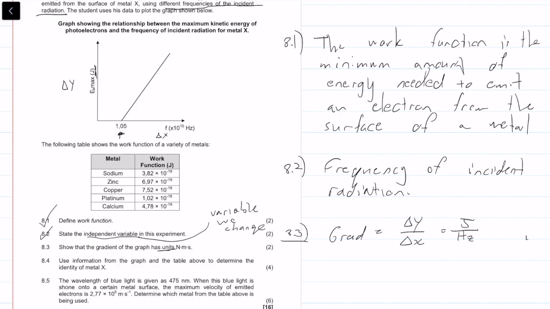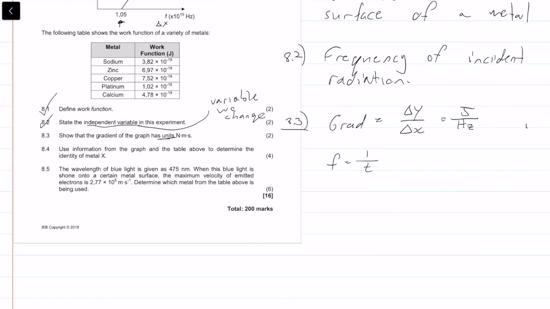We also know that frequency is the inverse of time, so hertz is equal to 1 over seconds, and 1 over hertz is equal to a second. So this is equal to joules times seconds.